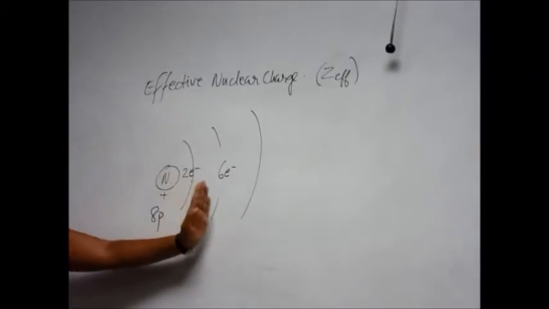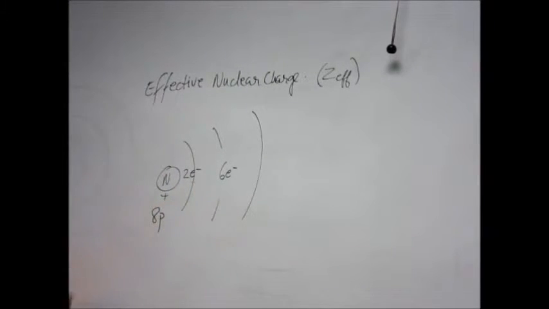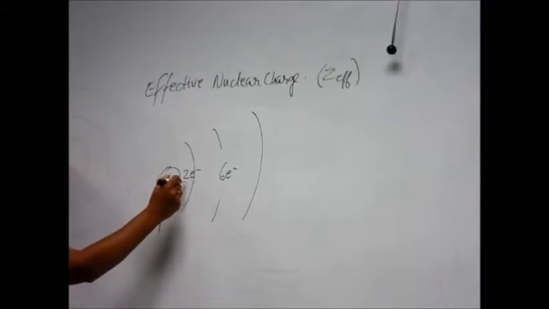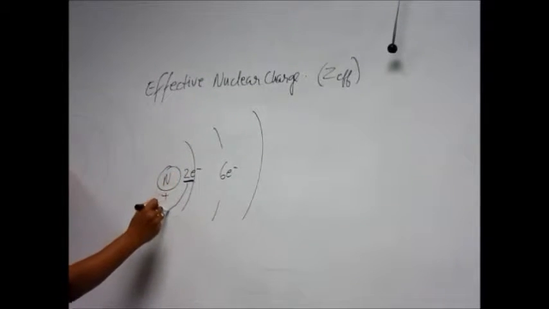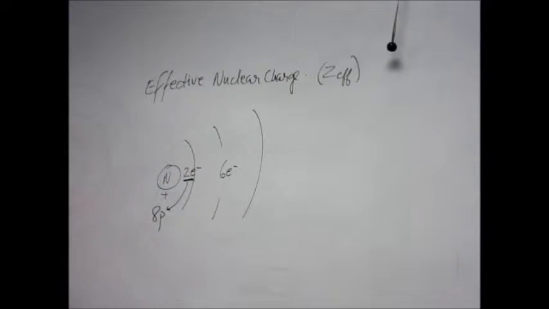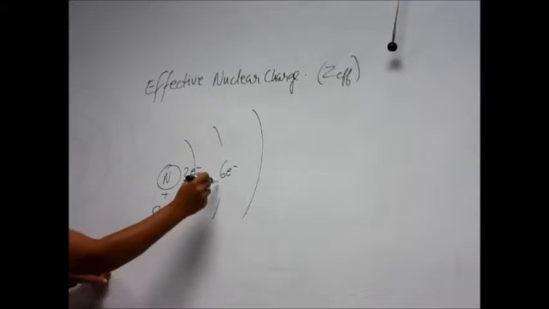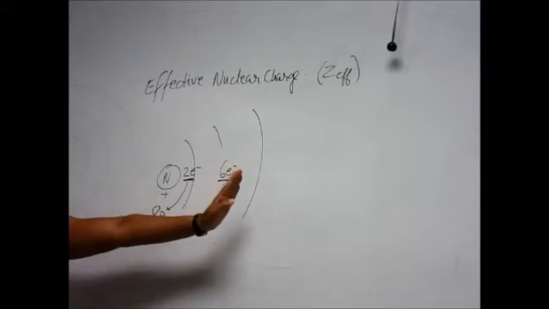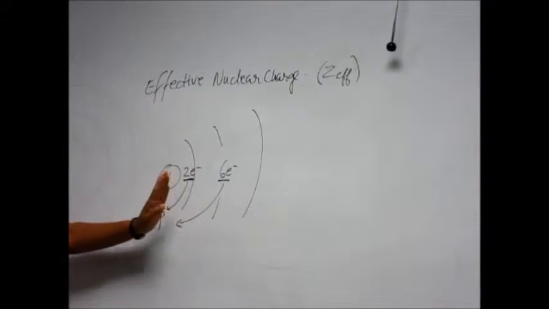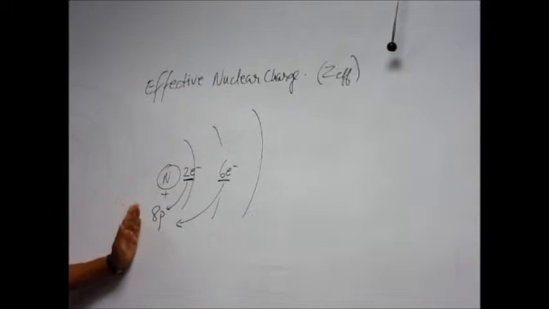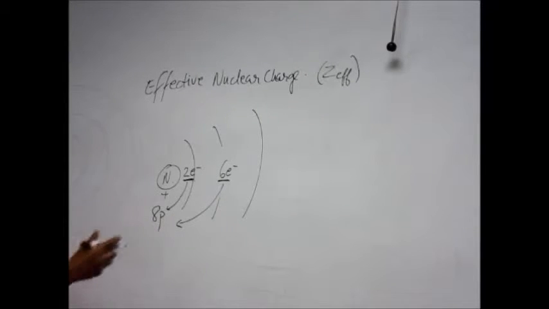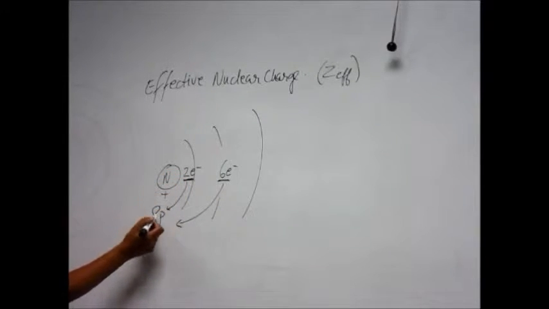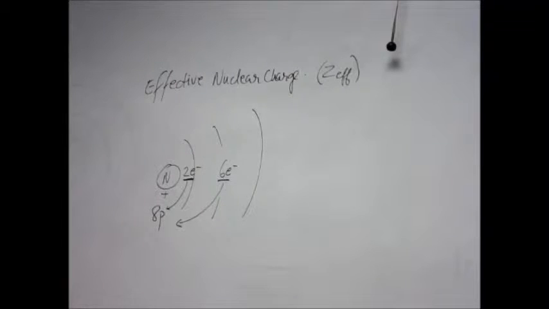Now, since we went into the second shell, the attractive forces that these 2 electrons are feeling towards the protons are going to be different than what these 6 electrons are feeling. Am I correct? Yes? Okay. Because these are further away, right? So this shell is closer to the nucleus, so the attraction that these 2 electrons have is way more than what these 6 electrons have.